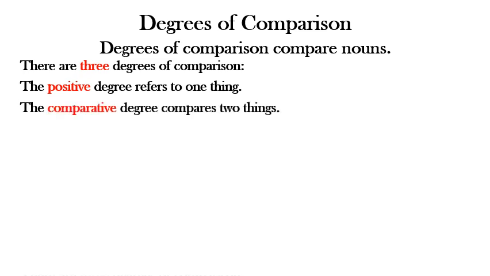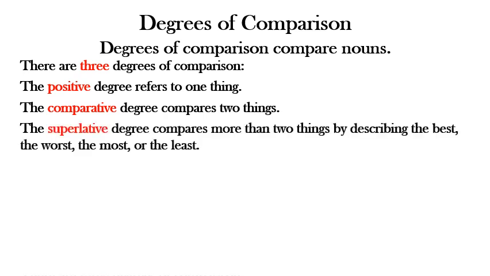Then the comparative degree, which compares 2 things. And then the superlative degree, which compares more than 2 things by describing either the best or the worst or the most or the least or the longest or the biggest, whatever. But it's always the top degree.